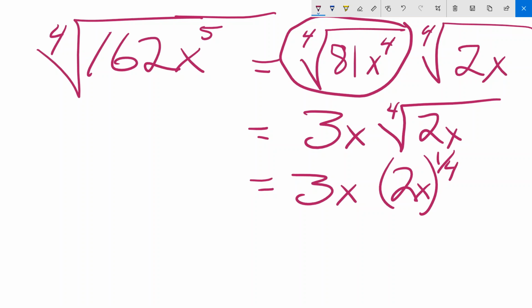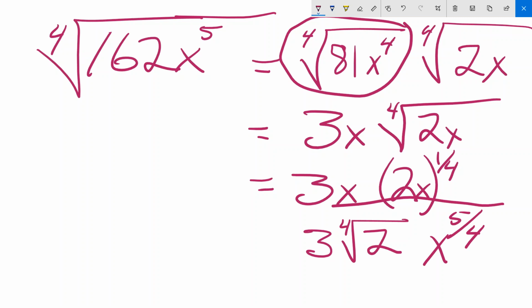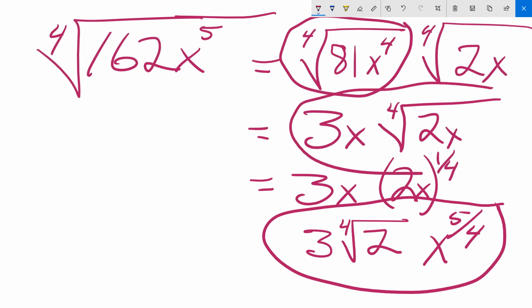But it's not a very pretty answer. It's 3 times the 4th root of 2 times x to the 5/4 power. So that would also be an answer, but I'm not sure it's a better answer. In fact, it looks worse to me. I would say the proper answer is going to be that right there. Yeah, I think that's what she's looking for. It's the same thing as down here.